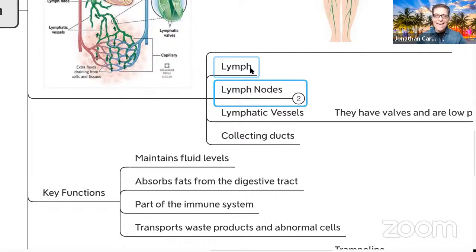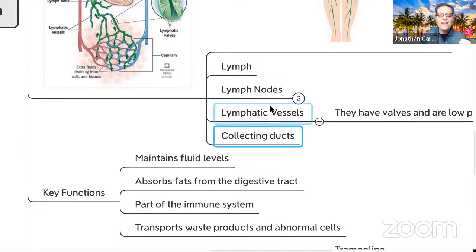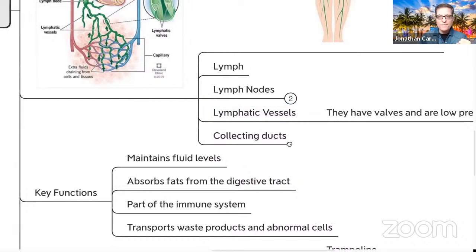Then it goes up into lymph nodes, where it filters and monitors, with active production of white blood cells. So it's checking things out, gets into lymphatic vessels, then into the collecting ducts, and then back into the blood.